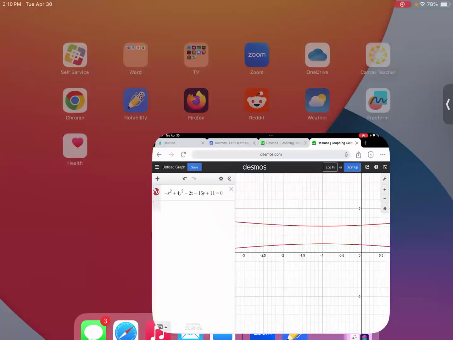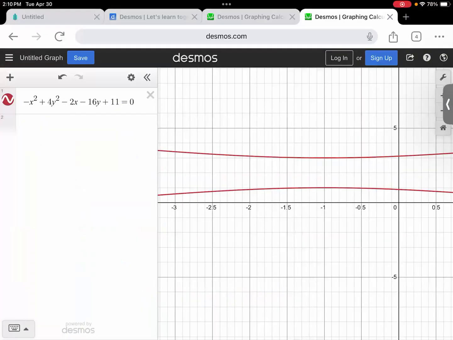Okay, so -1, 2. Does that look like the center?